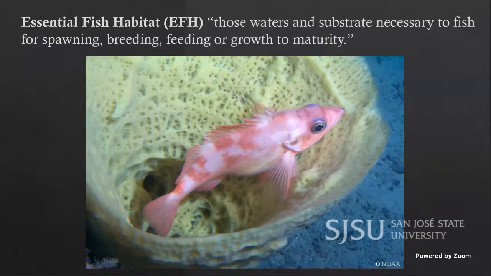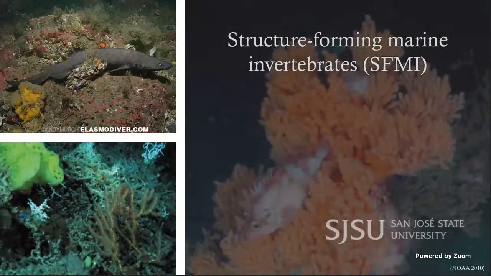Structure-forming marine invertebrates, or SFMI, are things such as corals or sponge communities. These provide attachment surfaces, refuge from predators, spawning or reproduction, and feeding locations for a variety of marine species.